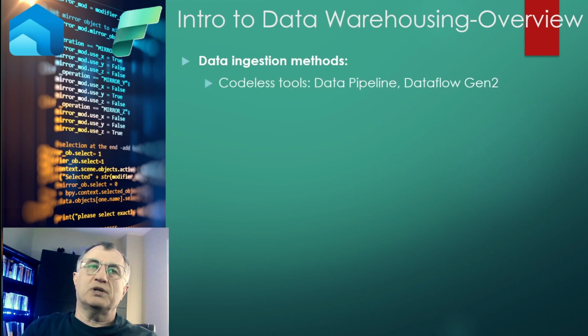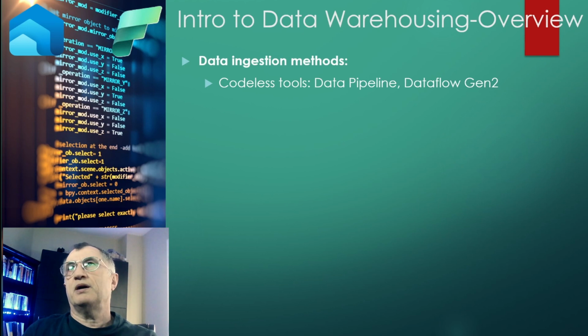The few codeless ingestion tools that were available for Lakehouse are available for data warehouse as well. So these are data pipelines and the Dataflow Gen2, which have a nice graphical interface, and you can basically create quite sophisticated pipelines without writing a single line of code.